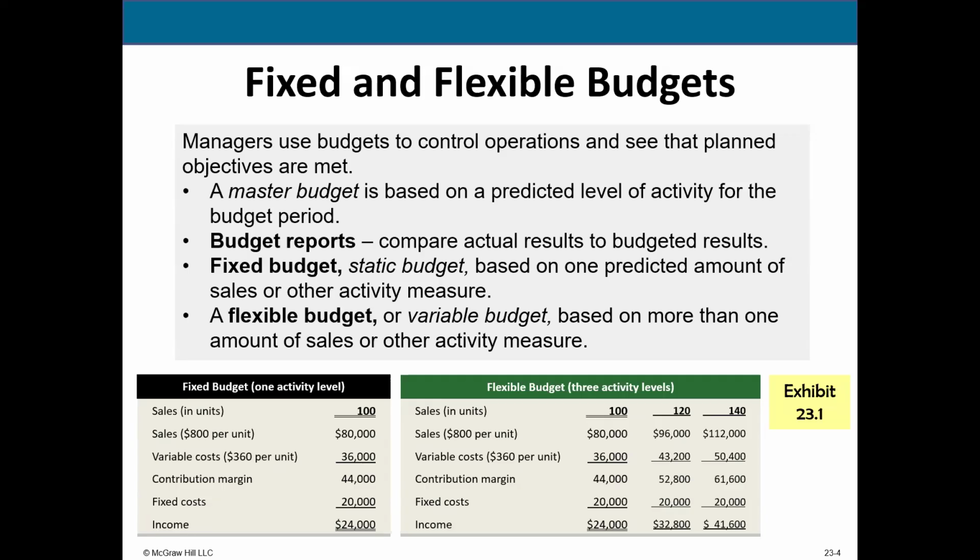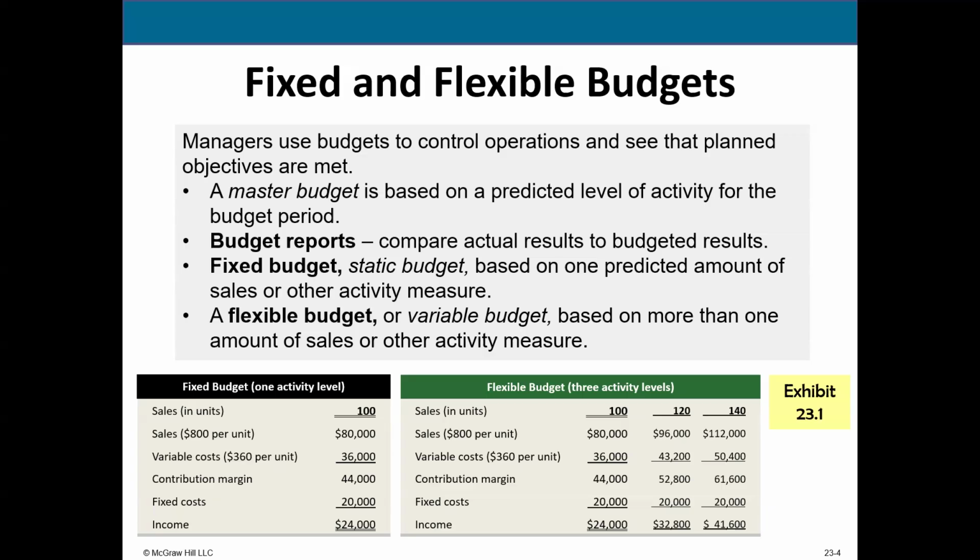That was covered last week. And once you've prepared the budgets, we then need to find a way to best compare the actual results to the budgeted performance, or actual performance to the budgeted components. And we do that through what we call budget reports.